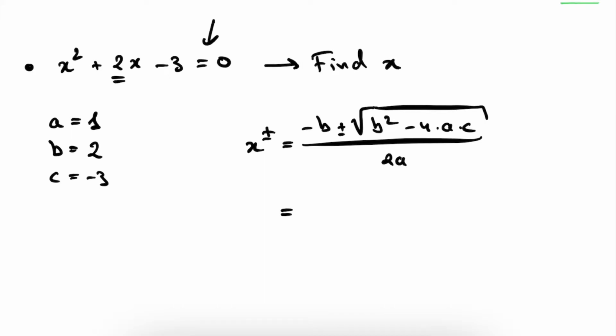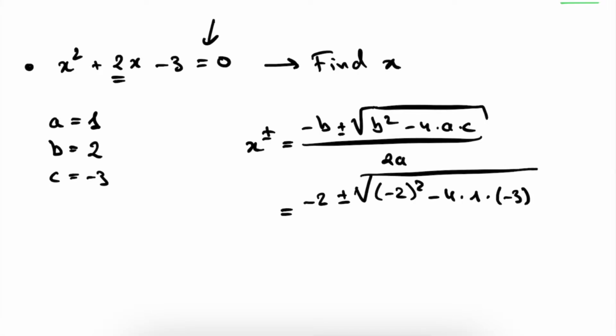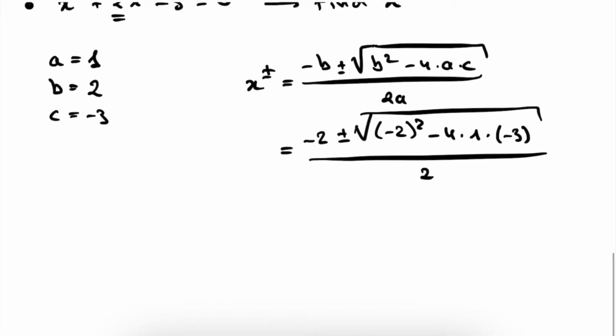So minus b is minus 2 plus minus the square root of minus 2 squared, which will be 4, minus 4 times a is equal to 1 times c is equal to minus 3, divided by 2 times a, and 2 times a is 2 times 1 is equal to 2.